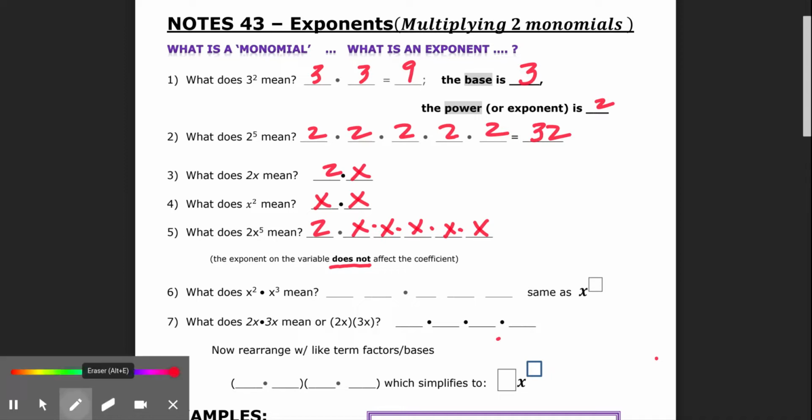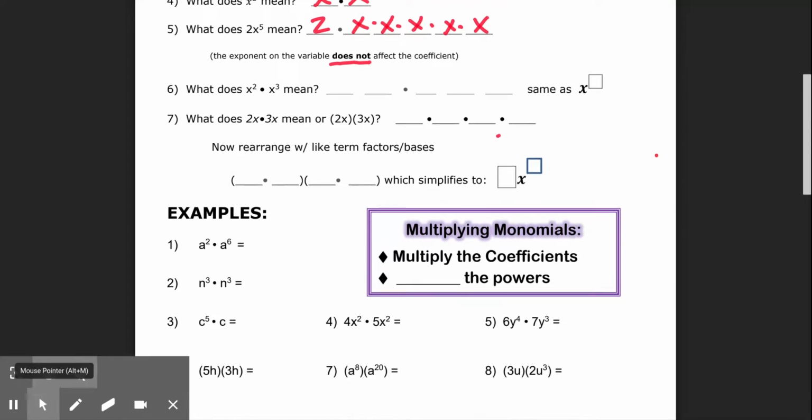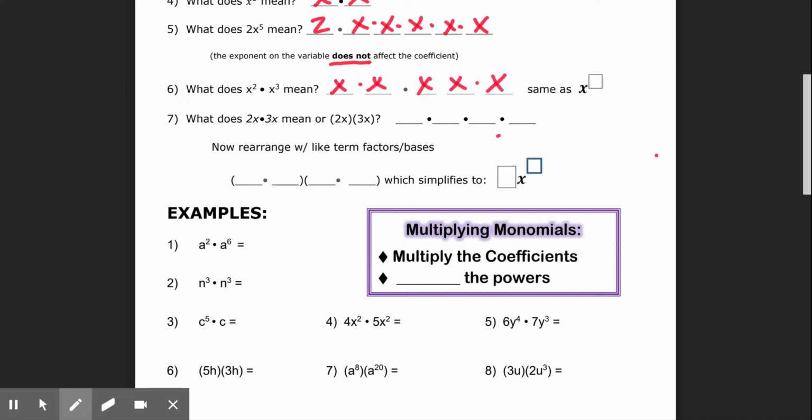So we'll get to that a little bit later. All right, let's look at problem 6. It says, what does x squared times x cubed mean? So this is x times x, because you have two x's at first, and then x times x times x. So you have a total of 5 x's there. So this would mean x to the 5th power.